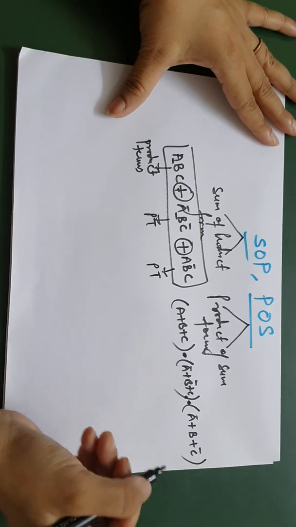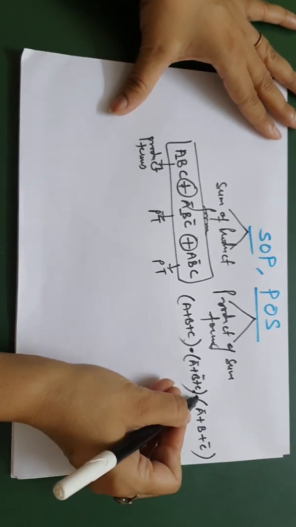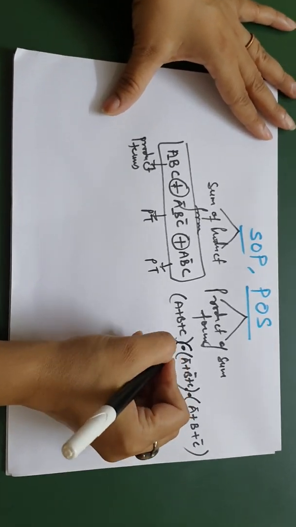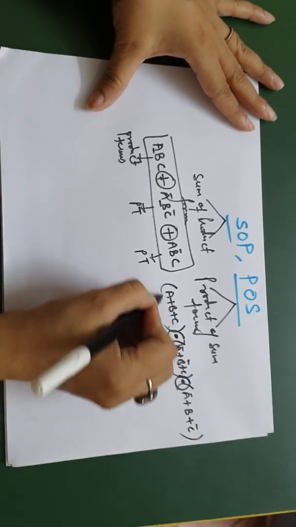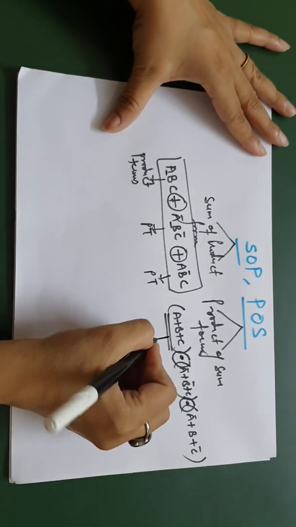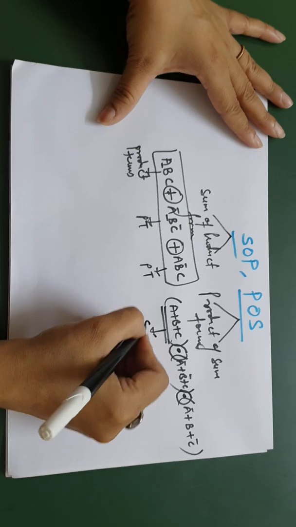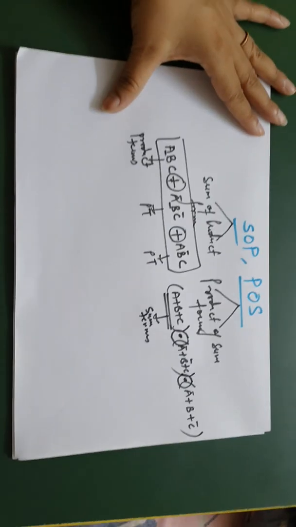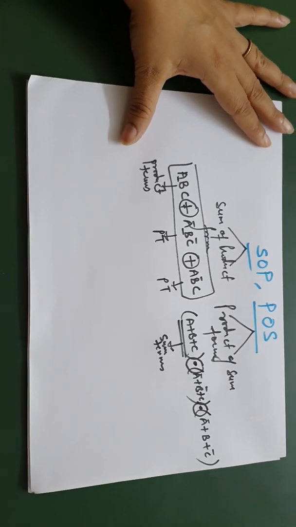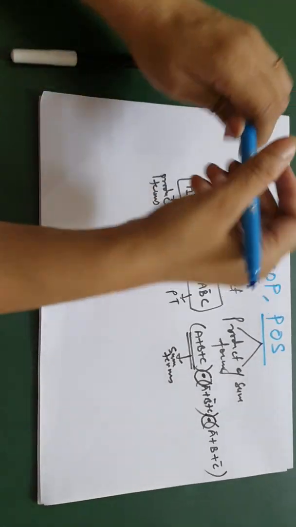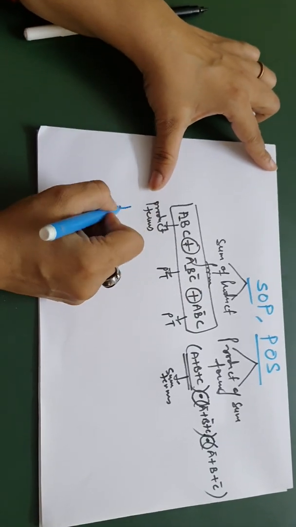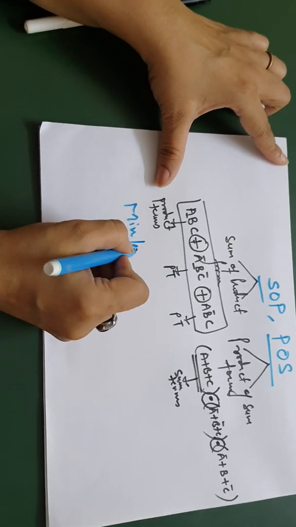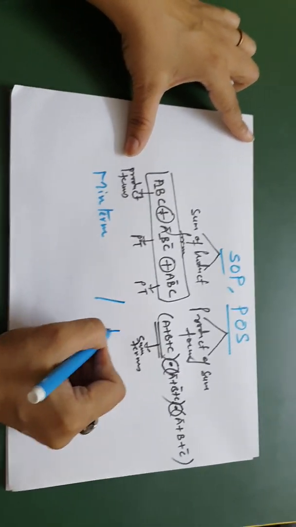Here we are saying product of sum form, so these are my sum terms. Now here comes another very important definition, which we define as min term and max term.